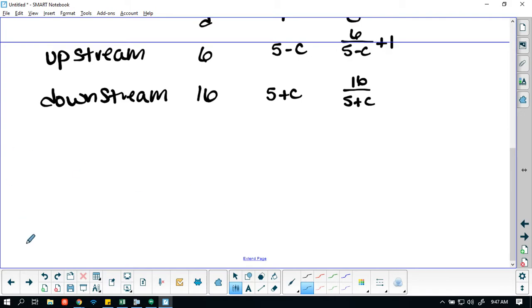Oh, it's downstream. Sorry, let me add the hour to the downstream. That was upstream. I should read my words. All right. So now what we're looking at is that to get the same time, we have to add an hour for a current, add an hour for a rate.